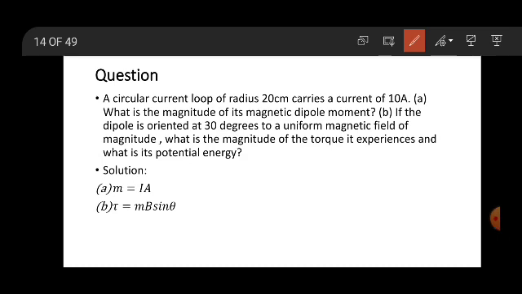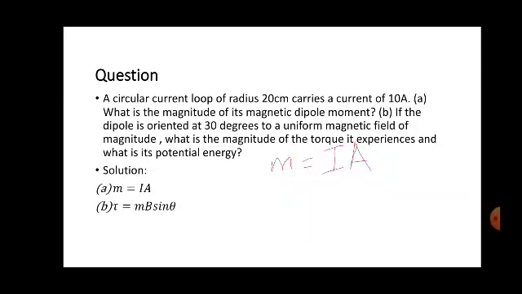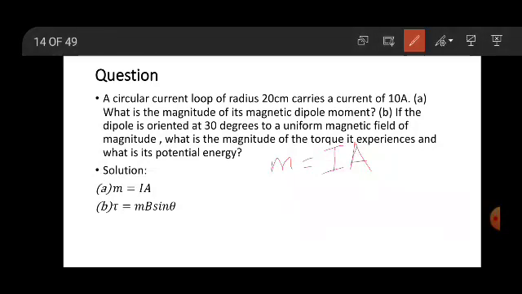Now, first of all, we are asked for magnetic moment. I told you that magnetic moment is simply current times area. Now, we are supposed to have N, which is number of turns, but in this case, we don't have number of turns, so we drop this, okay? So, current times area. The current in the question is 10. The area is a circular loop, so we are not given area, we can find it. Since it's a circular loop, area is going to be pi r squared.